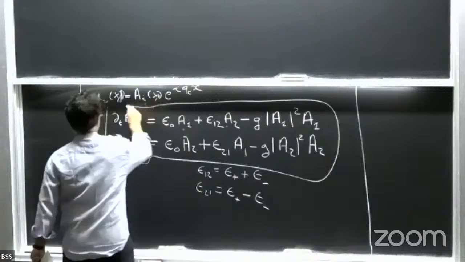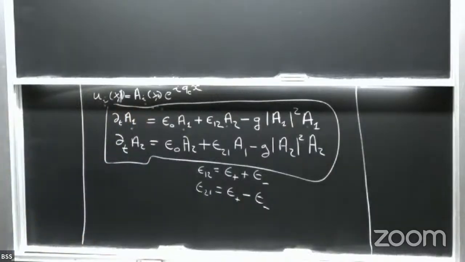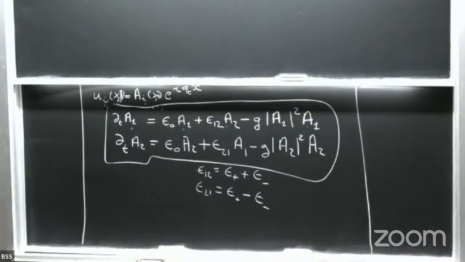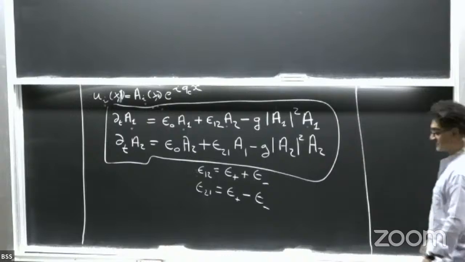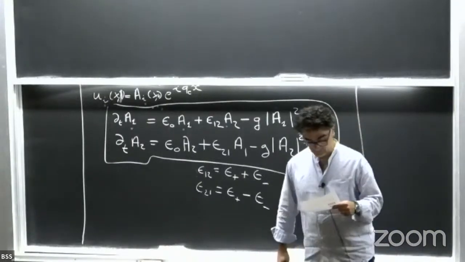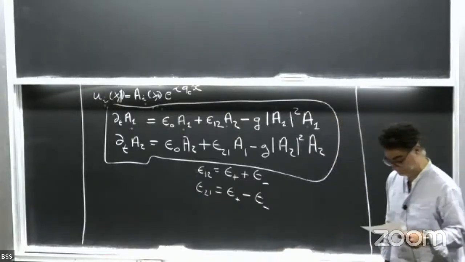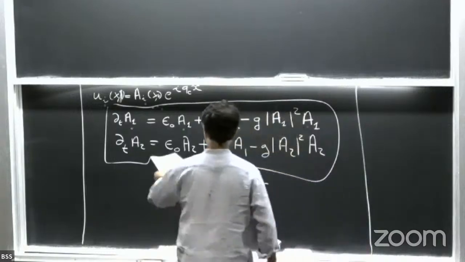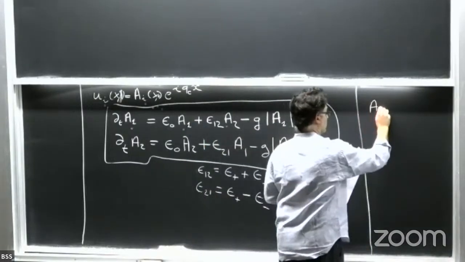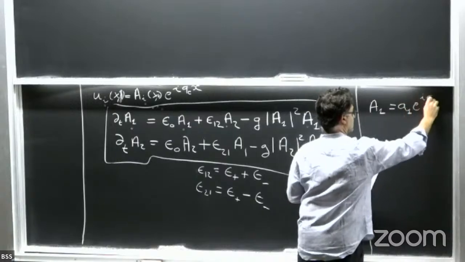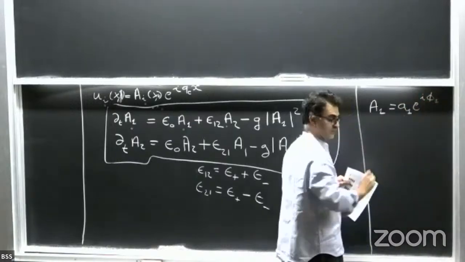Now we have to massage it a little bit. And some of the massaging and the previous steps you will be doing in this exercise that I prepared. But let me sketch the crucial things. So what I want to do now, first of all, for each A1, I want to write it as the amplitude times the phase.